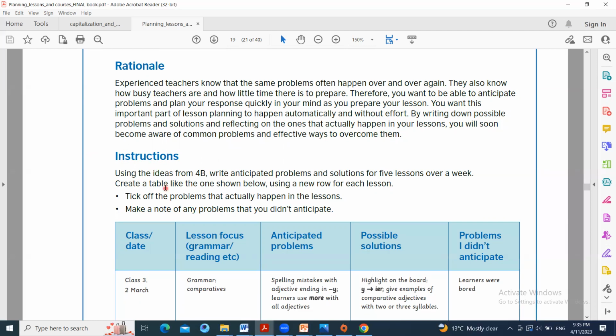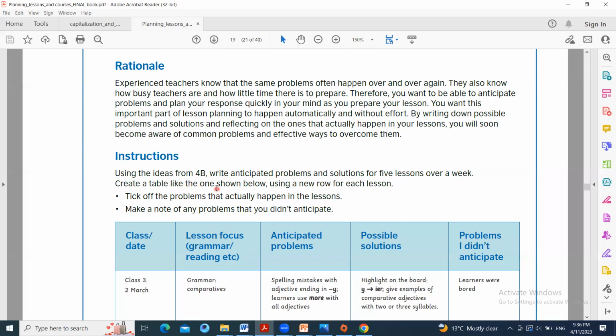Instructions. Using the ideas from part B, write anticipated problems and solutions for 5 lessons over a week.